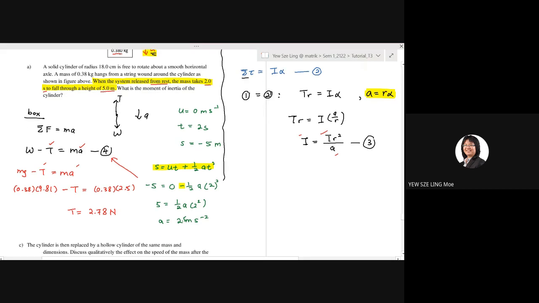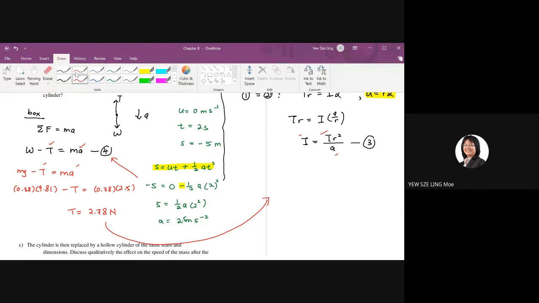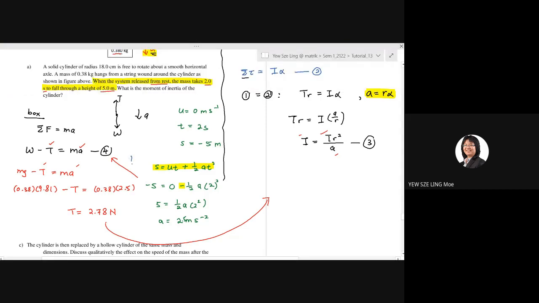Once you have it, you can substitute into the equation of I to calculate the moment of inertia. So that was step 1, and step 2. Now we go to the last step, I. I is then equal to 2.78 times the radius.